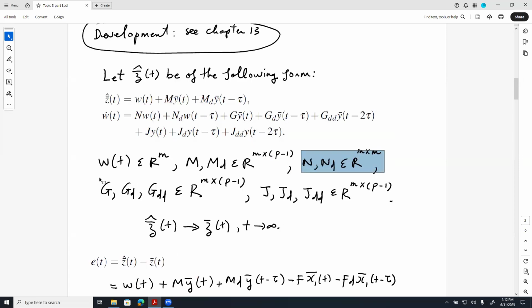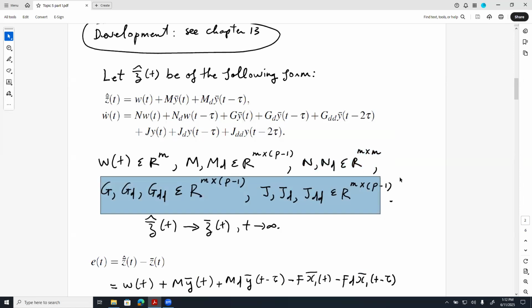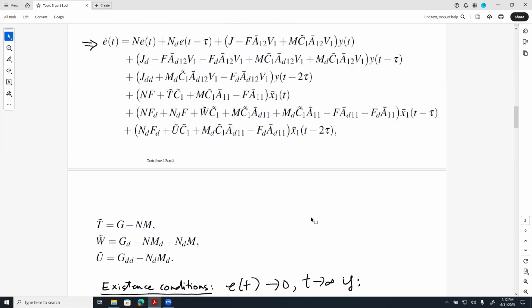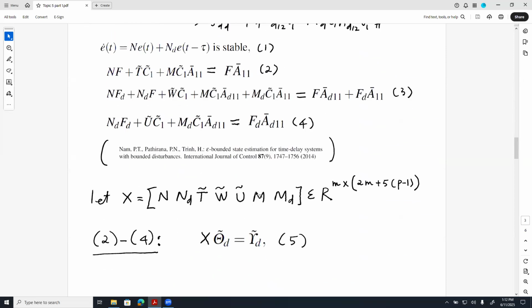These matrices, we need to find them. Okay, so we will go into the details of how it can be done. At this stage, we would like to acknowledge that the way we approach the solution of this problem is an adaptation of a method that we developed earlier in this reference here.